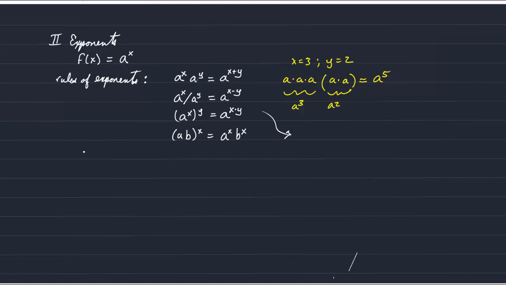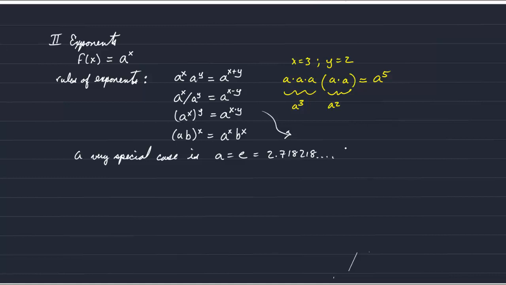There's a very special exponential function when a is equal to e. E, or the exponent, is equal to something like 2.71818, and it goes on basically forever.